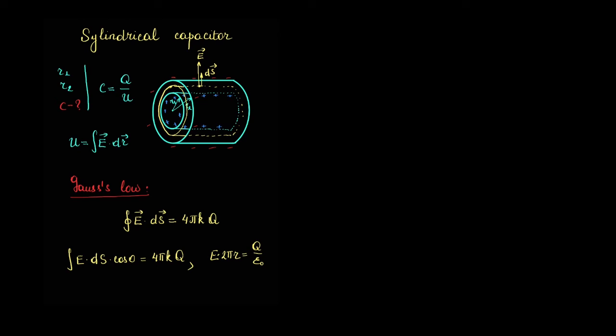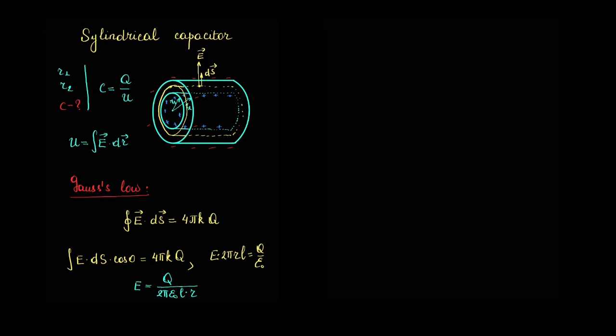Okay, there is also L, right? So 2 pi r multiplied by L. So E multiplied by 2 pi r L equals Q over epsilon 0. Then the electric field strength E is just Q divided by 2 pi epsilon 0 L multiplied by r.